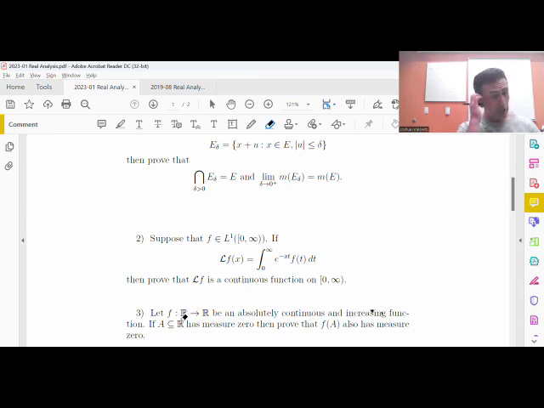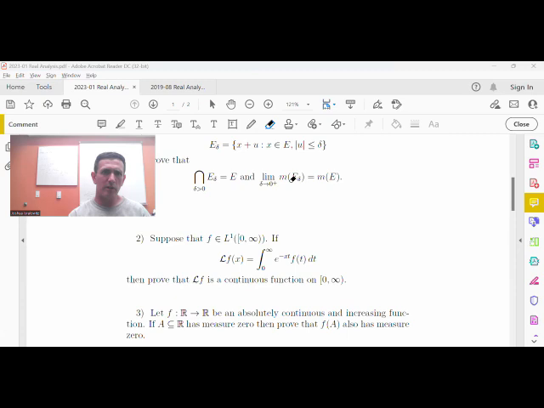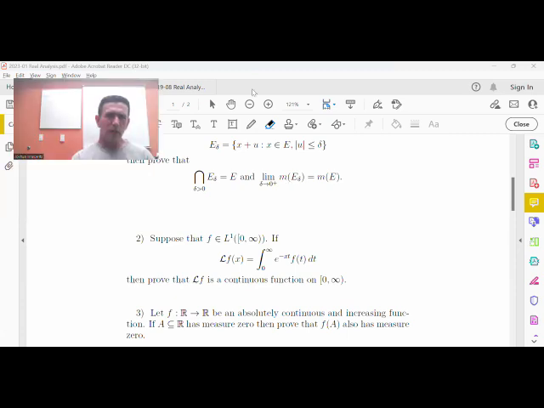We talked about absolute continuity on the real line. So homework is to do this problem. It's just a little easier than what I'm doing here, very similar. Okay, so the proof of this problem.